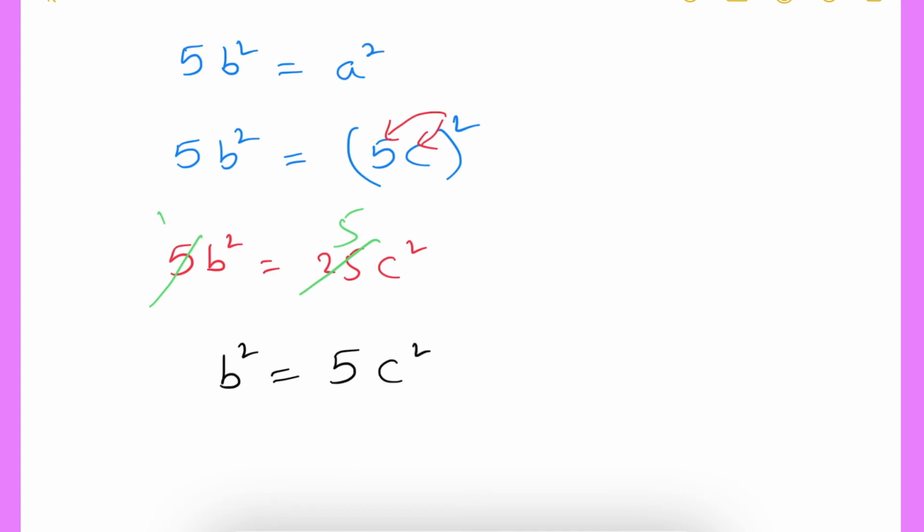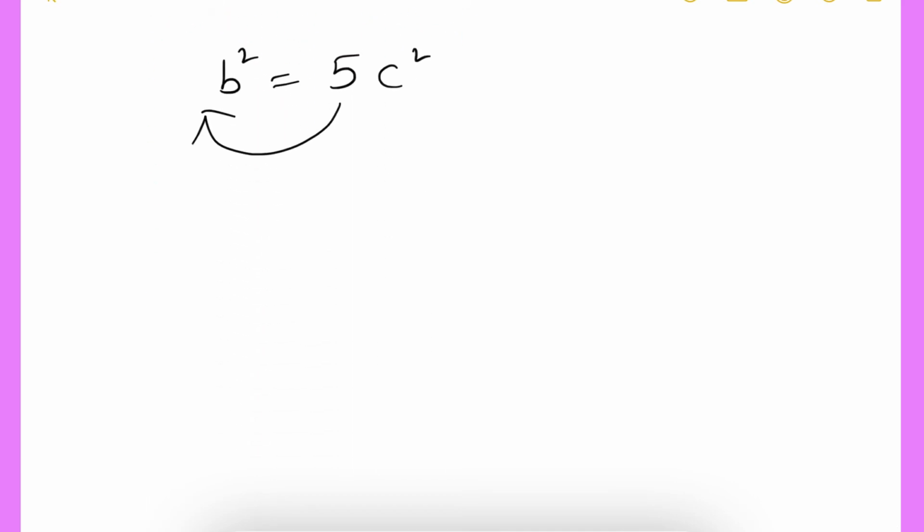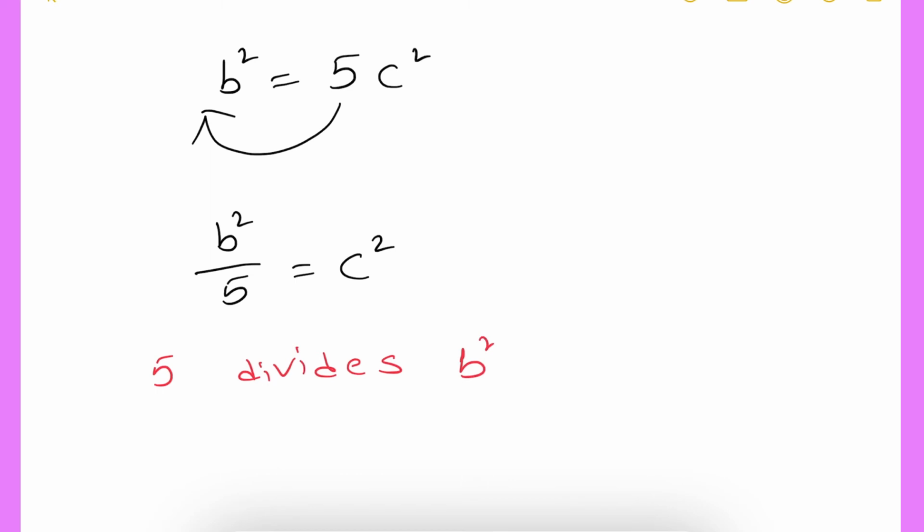Now bring 5 to the left side. So we get b square divided by 5 equals c square. Here b square divided by 5 means the denominator divides the numerator. That can be written as 5 divides b square. If 5 divides b square, it means 5 divides b also.